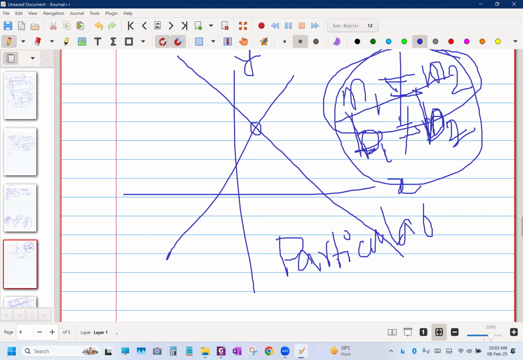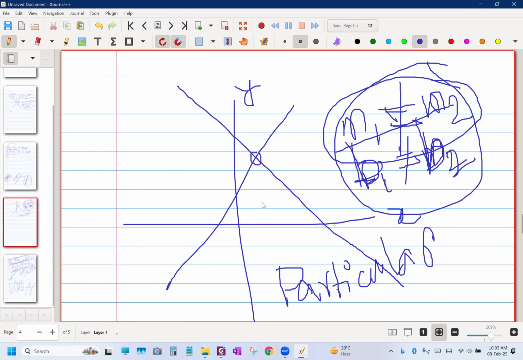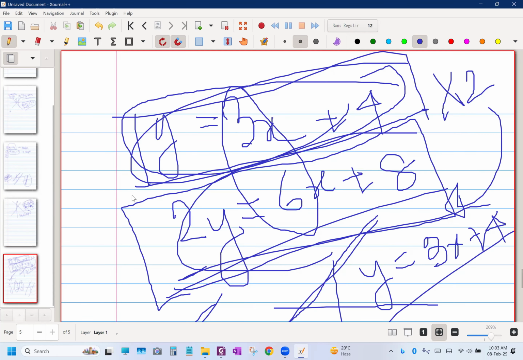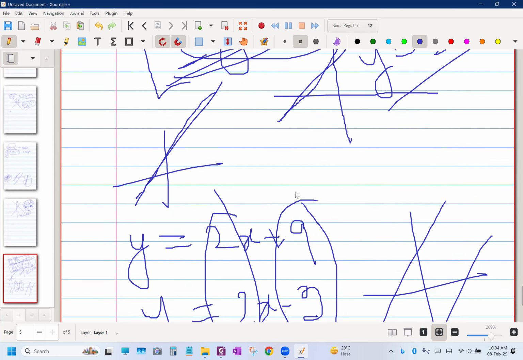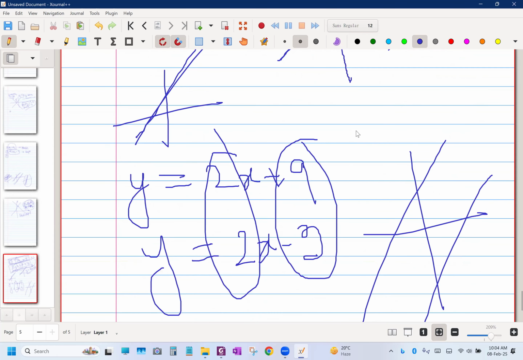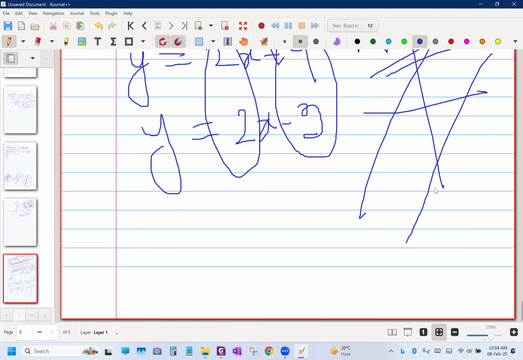So if it intersects, then neither the slope nor the intercept matches. Exactly. And this is M1, M2, and they have no solution. No solution case. Parallel. No solution case.